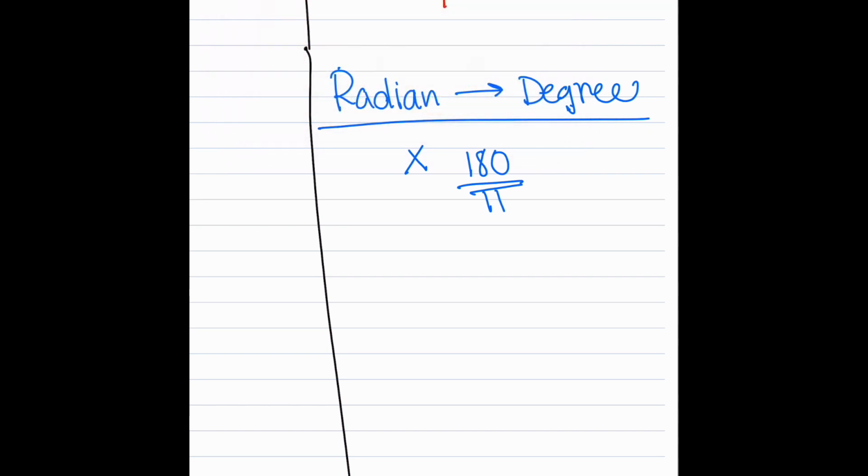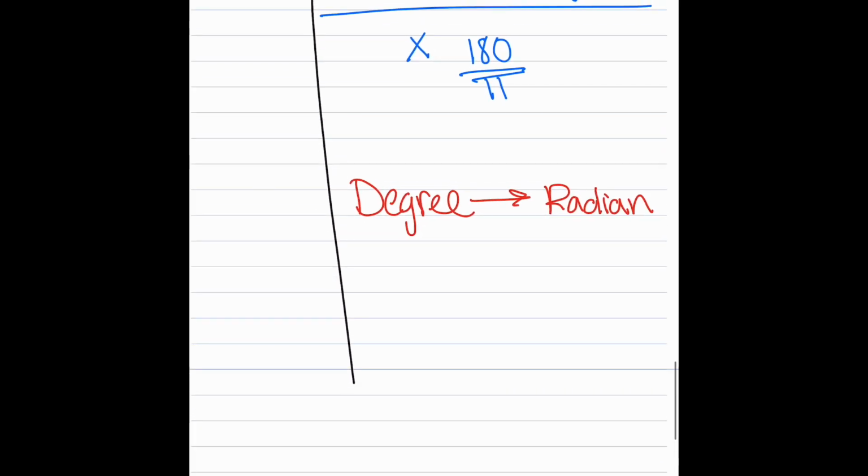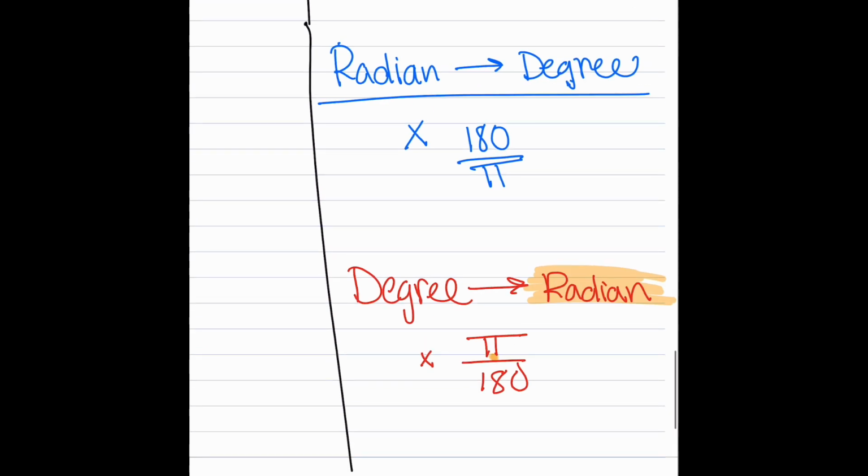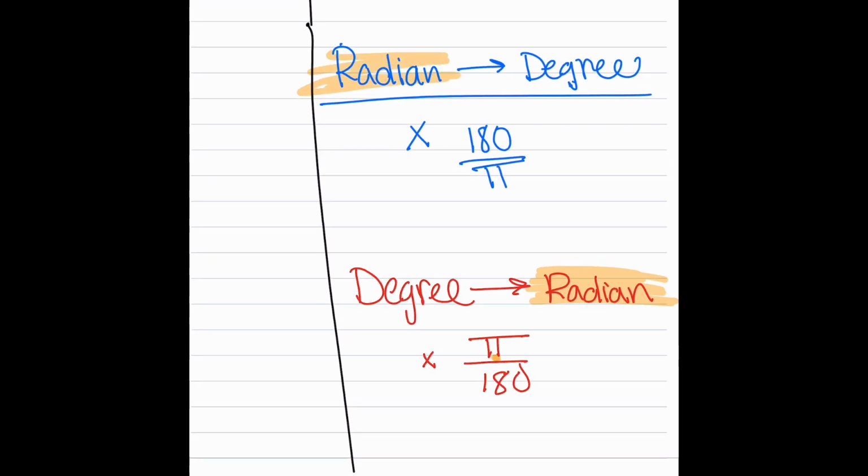If you're doing from degree to radian, sorry, I know my handwriting is getting sloppy, then you multiply by pi over 180. And a way to think about it is, if I want to end up at the radian, that means I need a pi on the numerator because radians have a pi. Okay, so radian to degree, you multiply by 180 over pi. Degree to radian, you multiply by pi over 180.